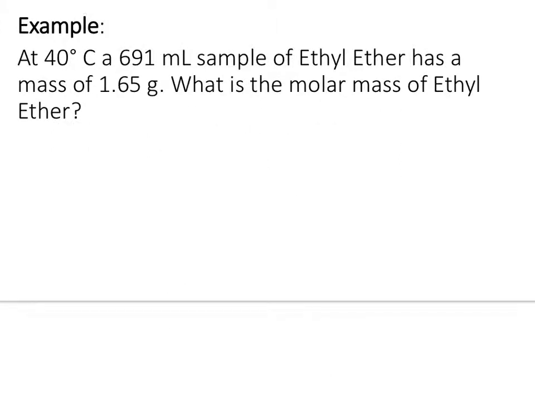All right, here's another example. At 40 degrees Celsius, a 691 milliliter sample of ethyl ether has a mass of 101.65 grams. What is the molar mass of that? Okay, so this is obviously a little bit more complicated, but it's only because there's basically 2 steps.